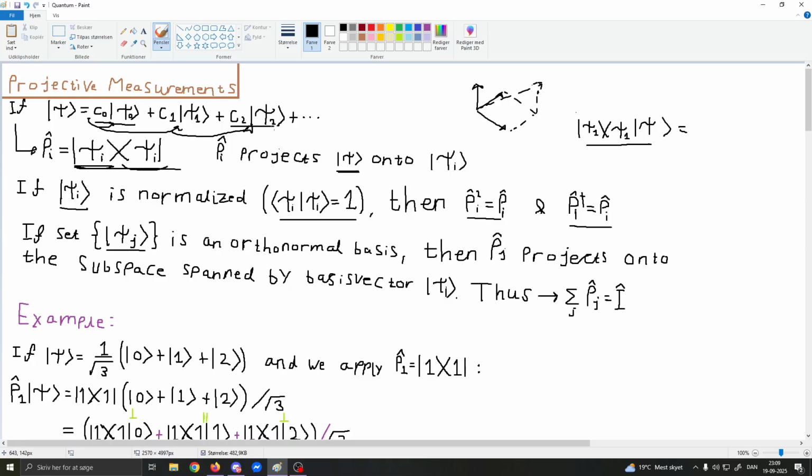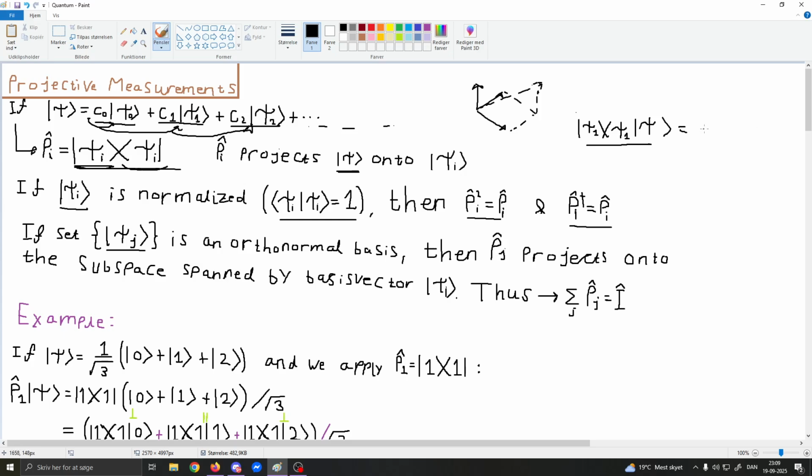It's also going to be 0 for this basis vector because psi1 and psi2 are perpendicular to each other, and for any other vector except this one right here, c1 multiplied by psi1.